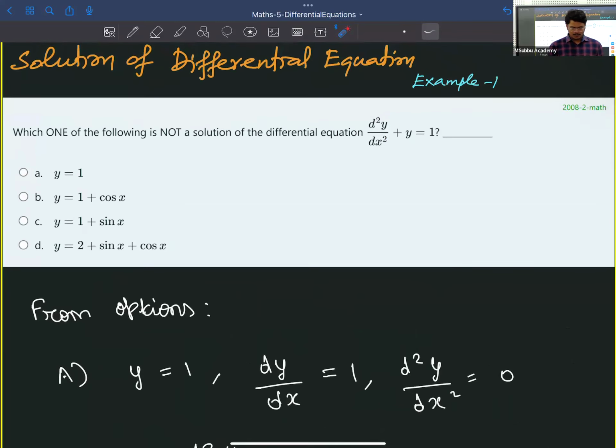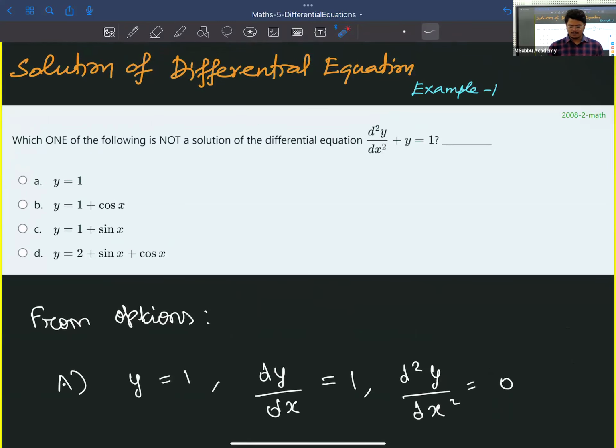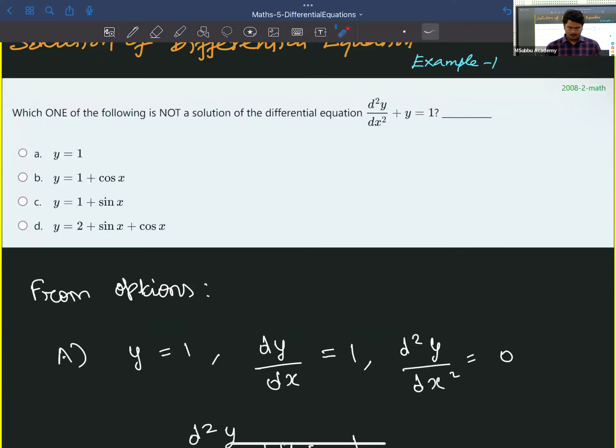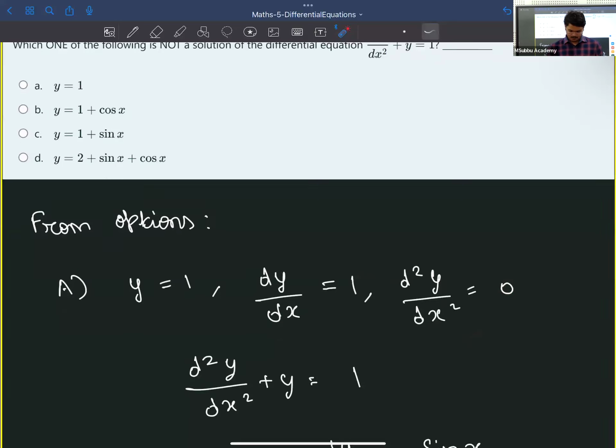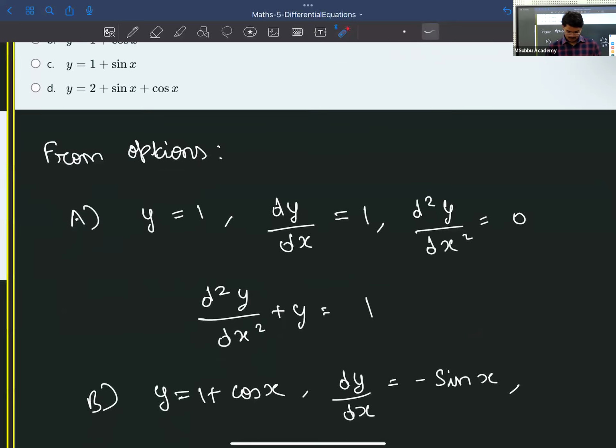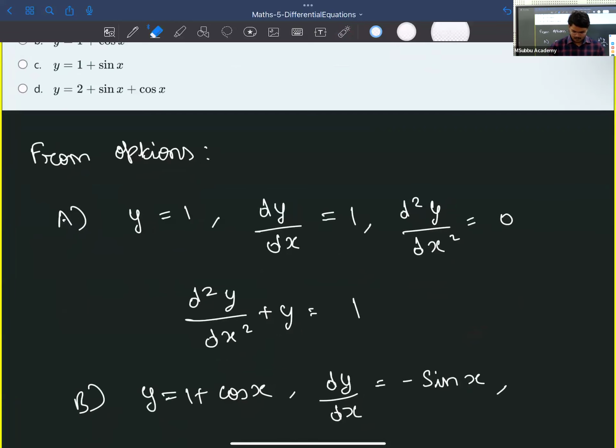Which one of the following is not a solution for this differential equation? Okay, so first let us find this from the options. From the options, y is equal to 1. So when you find dy by dx, just substitute in this equation.